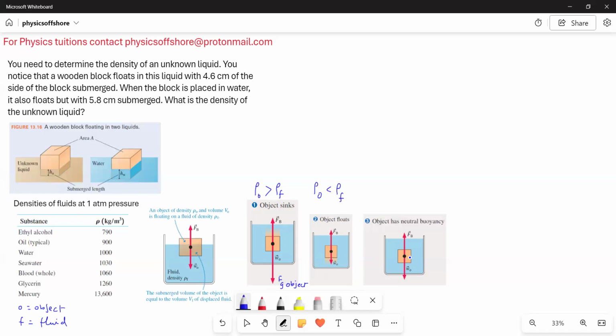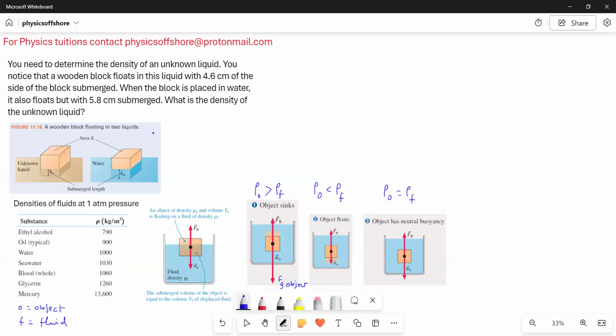And then here, if you see, both the arrows are equal. The lengths of the arrows, Fb and Fg, are the same. So that indicates that the density of the object and the density of the fluid are the same. Okay, so rho naught is equal to rho F. So these are the conditions under which the object sinks, the object floats, and the object has neutral buoyancy.